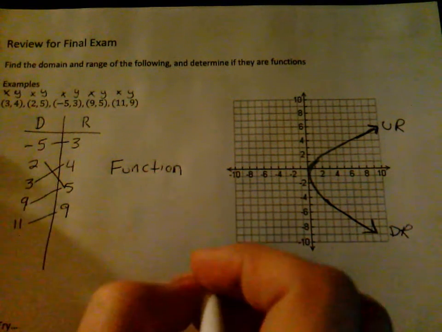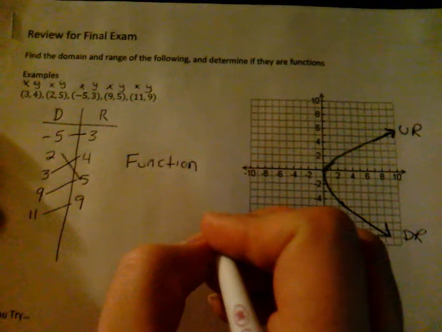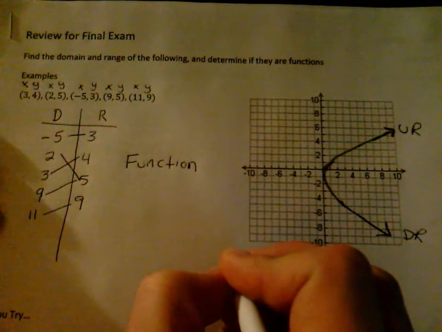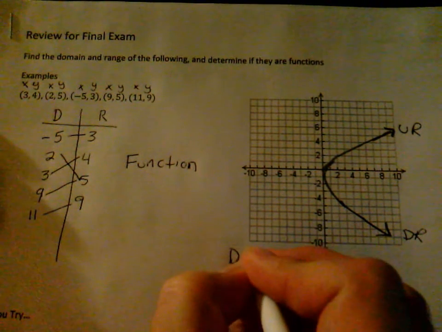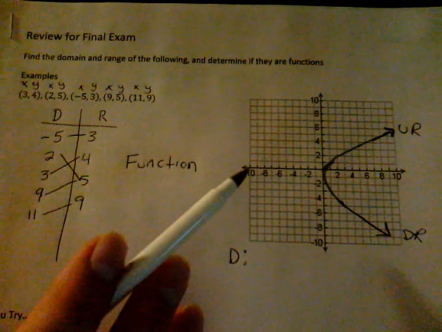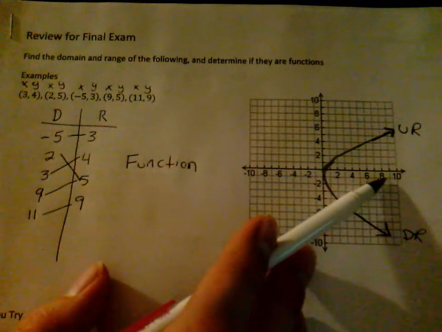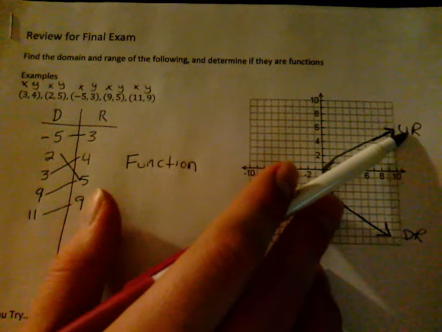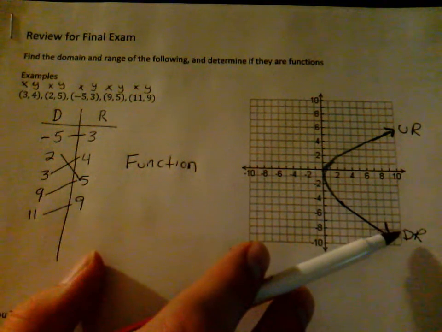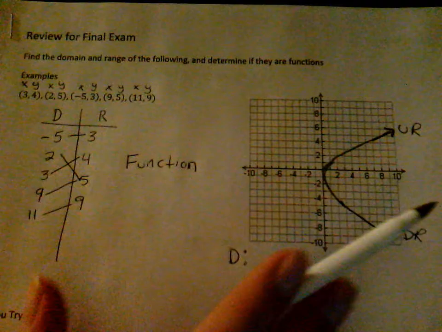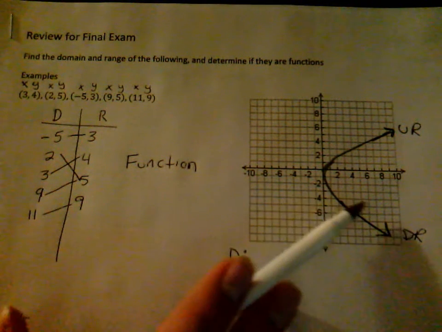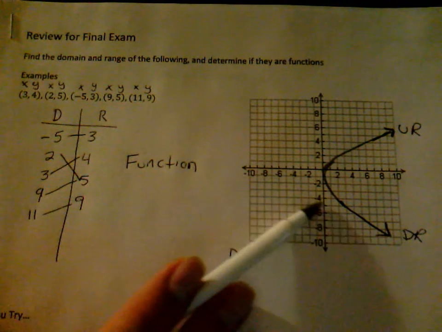Our domain for this one is left to right, meaning the x values from left to right. So we're going to look at our letters. We have an R, but we do not have an L. What that means is that somewhere along this path, our function has to stop. It can't go forever this way.